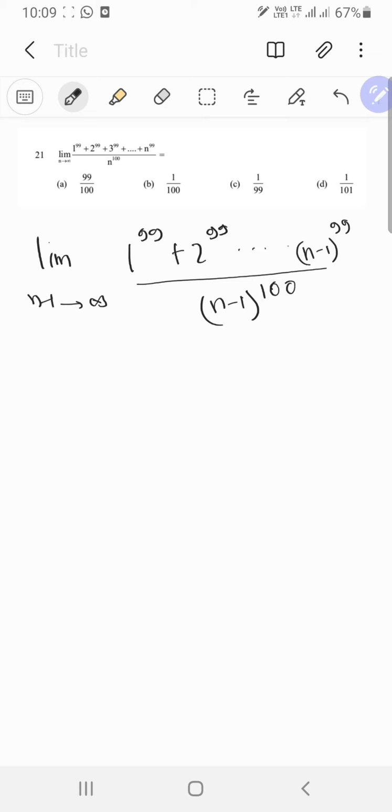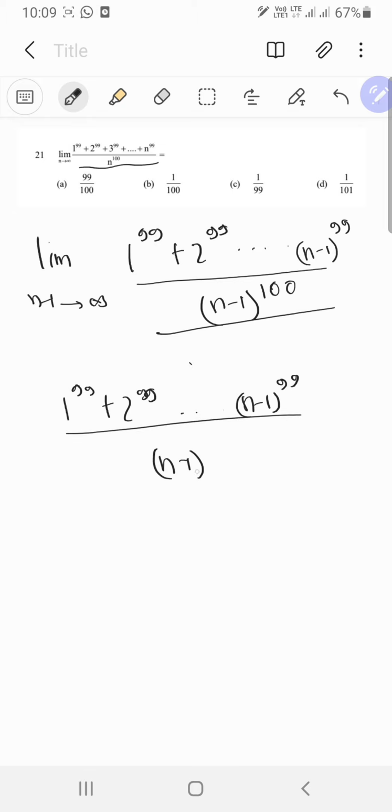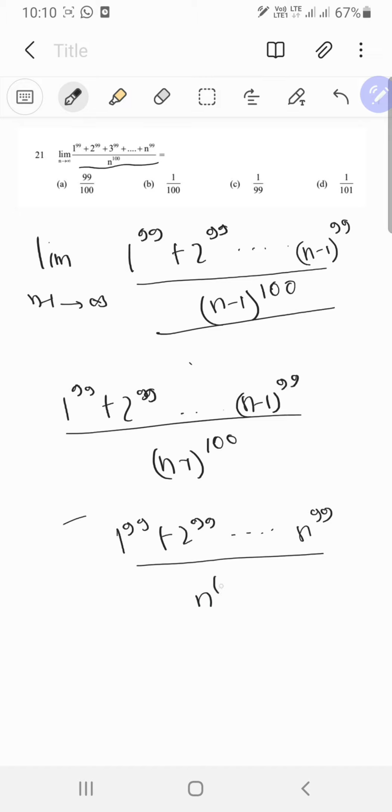Okay, so why is that? Because the difference between these two numbers is very small, right? And we can prove that over here. So 1 power 99, actually I should do this: 1 power 99 plus 2 power 99 all the way till n minus 1 to the power of 99 upon n minus 1 to the power of 100, minus 1 power 99 plus 2 power 99 all the way till n power 99 upon n power 100.